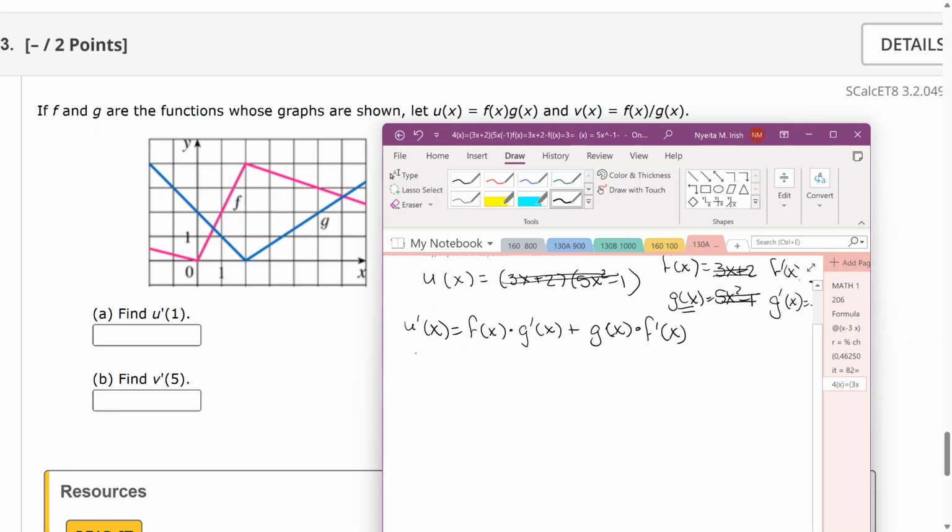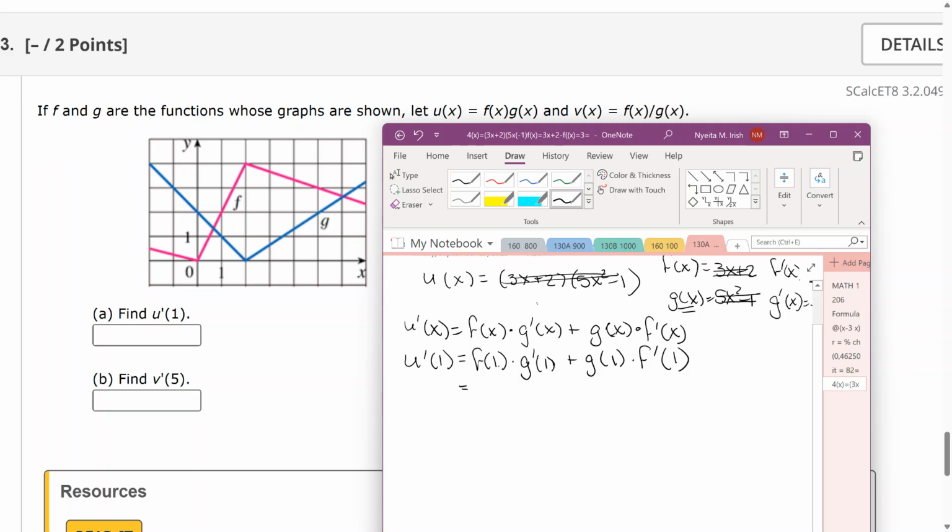So now if I want to find u prime of 1, I'm finding f of 1 times g prime of 1, and then g of 1 times f prime of 1.